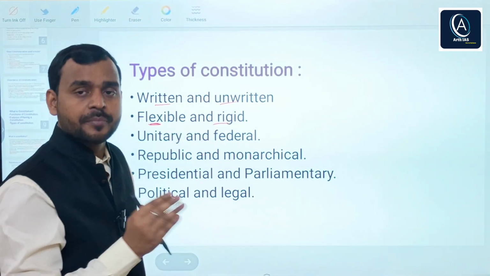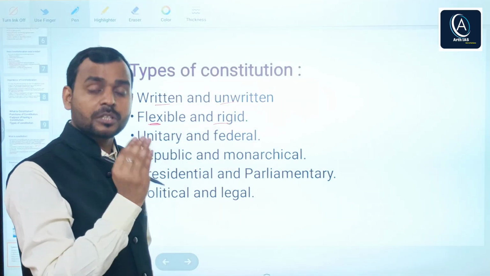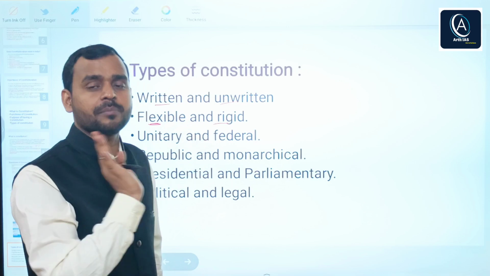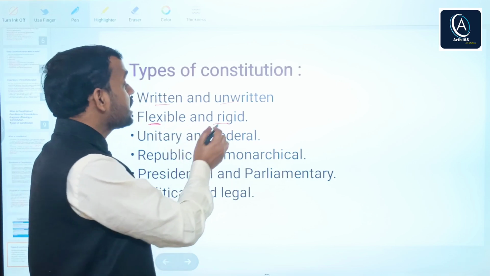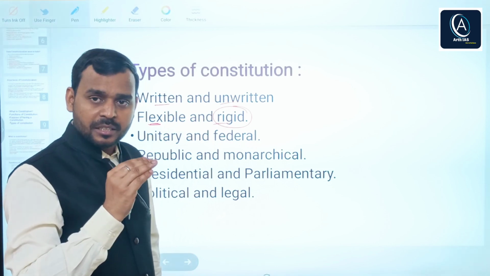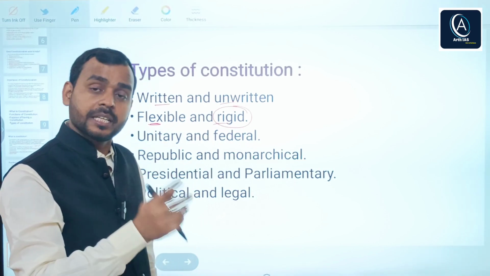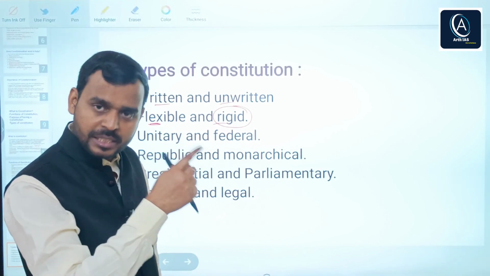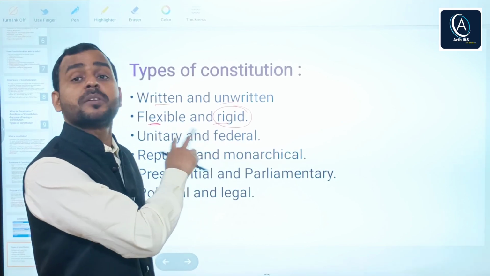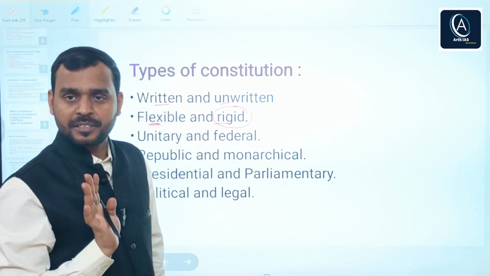Again, flexible and rigid. Flexible and rigid simply mean that if the constitutional provisions can be amended by simple majority, it is considered flexible. This is the example of Britain. If its provisions cannot be amended easily by simple majority, then it is considered rigid. Take the example of the USA. But India is a balance between both flexible as well as rigid.